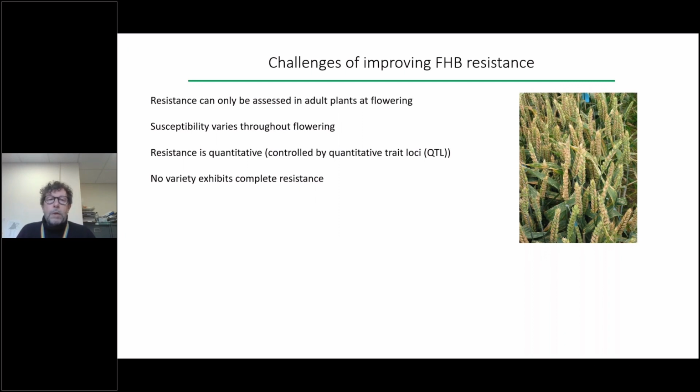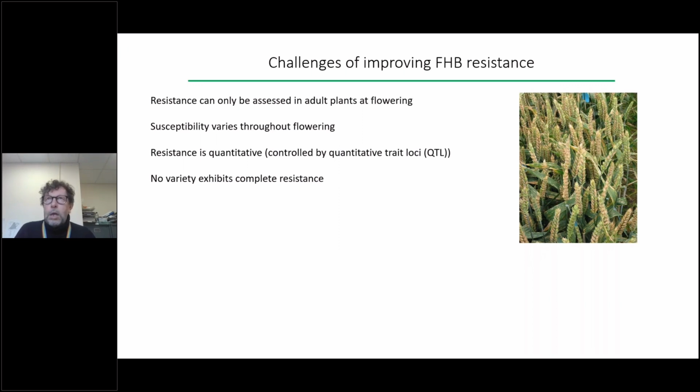But even here, the susceptibility varies throughout the flowering period. So it's essential that if you're making comparisons between two lines, inoculations are all carried out at the same developmental stage, mid-anthesis. The genetics of resistance are generally complex, and so resistance tends to be quantitative.